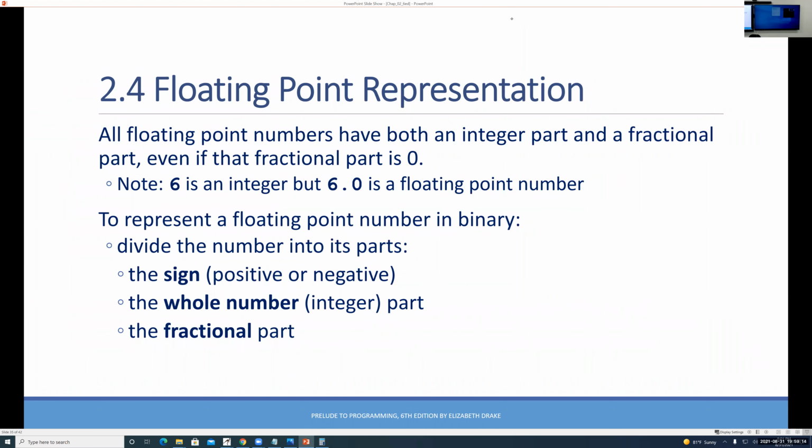Okay, now we move to the floating point representation. Integer numbers, you know that, right? You have unsigned, you have sign magnitude, you have 1's complement, and you have 2's complement here. Now working with floating point representation.